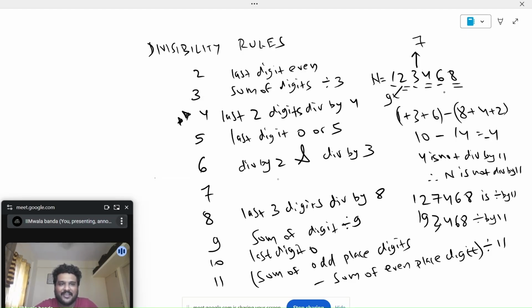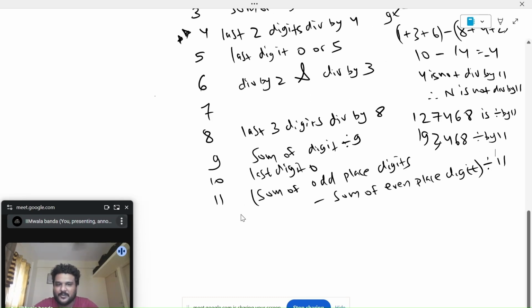How? This is 7, so instead of 3, this is 7. So this basically becomes 8, 9, 10, 11, 12, 13, 14. This is 14, so this becomes 0. And when I took 9 instead of 2, this is minus 9, 10, 11, 12, 13, 13 and 8, 21. So 10 minus 21 is minus 11. My job is done. So you get an idea how we can play with numbers to make them divisible, because we know the divisibility rule.